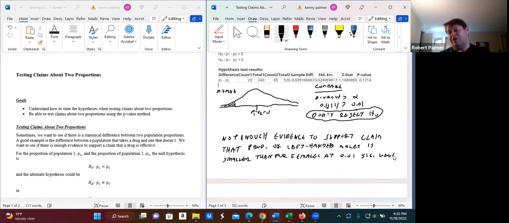So let me read that back. There's not enough evidence to support the claim that the proportion of left-handed males is smaller than that of left-handed females at 0.01 significance level.